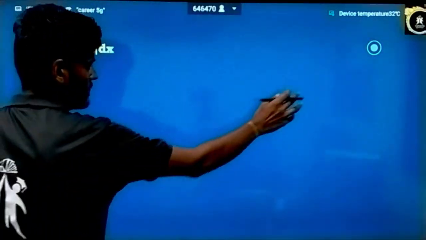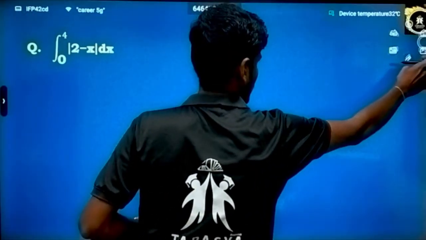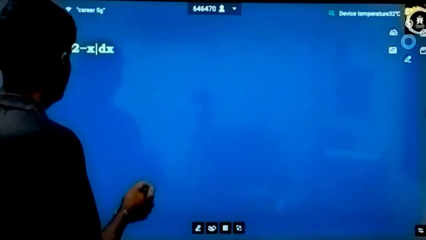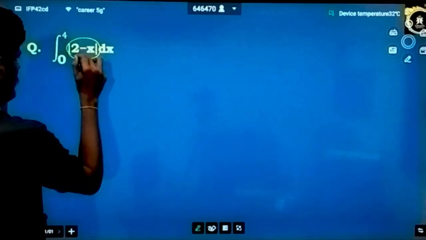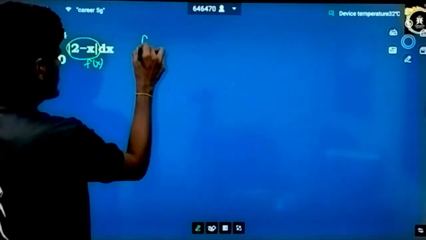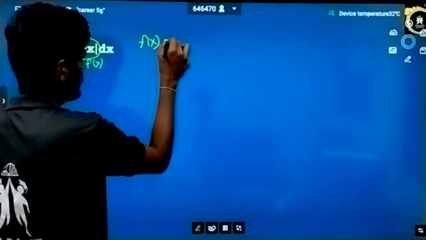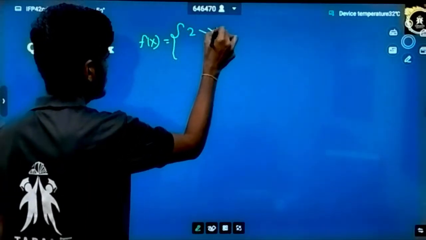First, let this be f of x. Now this f of x can be defined with this 2 minus x.